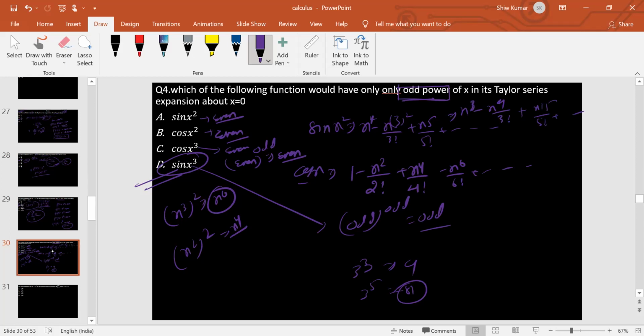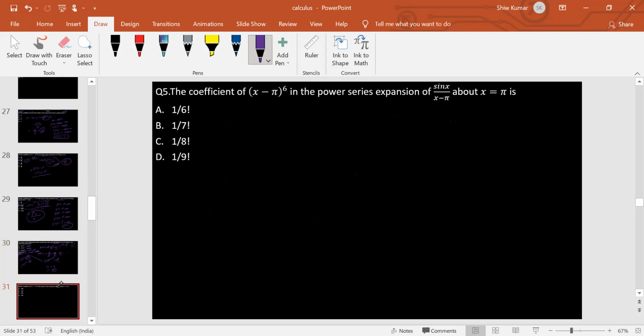So here I am getting 3, 9, 15. So the series for odd power should have sin x cube. You only need to know the basics so that you can give the answer.